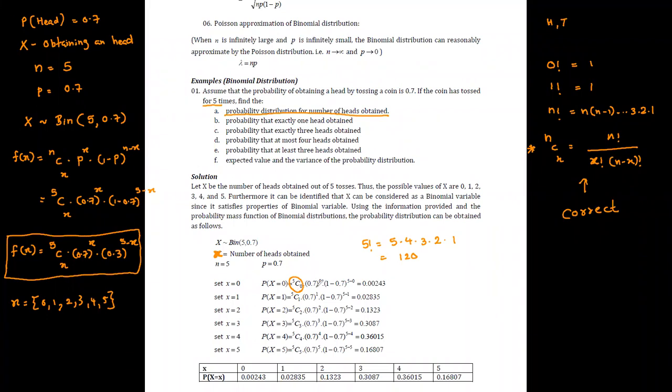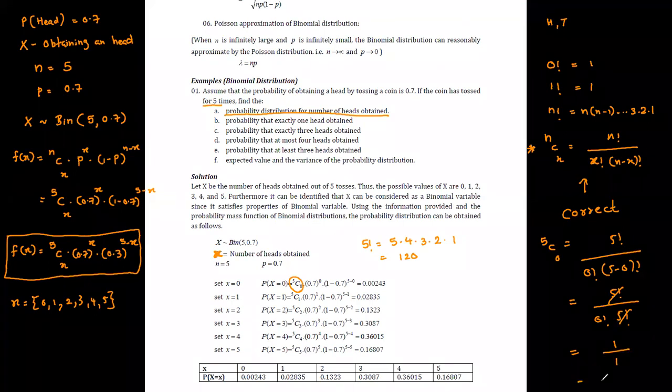If I redo the calculation, it can be done easily. 5C0 is 5 factorial divided by x factorial with x equal to 0, times 5 minus 0 factorial. This is 5 factorial divided by 0 factorial times 5 factorial, since 5 minus 0 is 5. These two cancel out. Then, since 0 factorial is equal to 1, the numerator is 1 and the denominator is 1, so 5C0 is equal to 1.